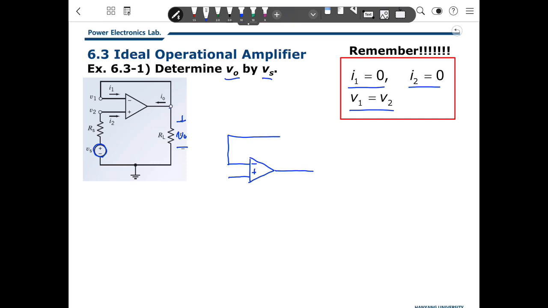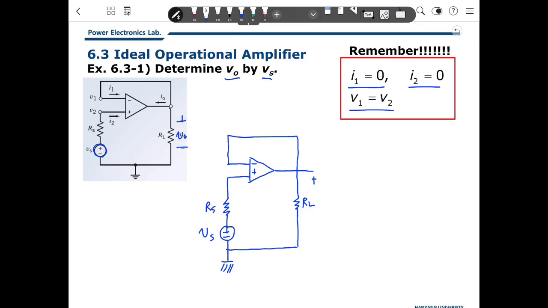The inverting input is connected directly to the output, and the non-inverting input has a resistor and the voltage source, then is connected to the ground. The output has a load resistor connected to the ground. The source voltage is VS, and this is a source resistor RS.